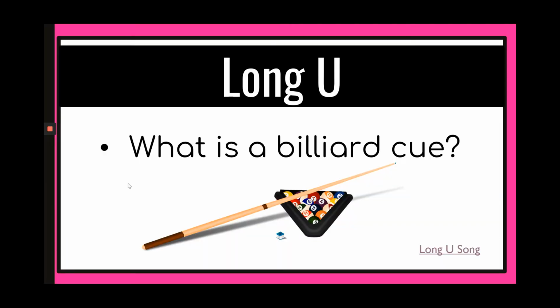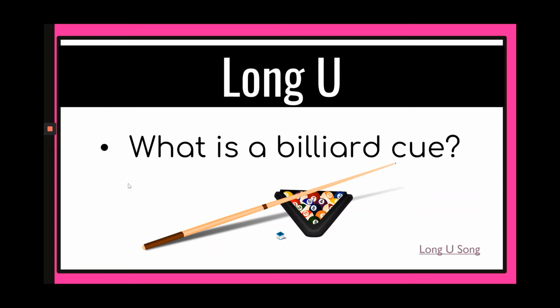In order to understand the first song that we're going to listen to, you need to know what a cue is. A cue is that stick that you see in the picture, and it is used to play billiards, also known as pool. Not a pool that you swim in, but there's a game that you can play on a pool table or a billiard table, and it is played with 15 colorful balls that you see in the picture in that triangle.